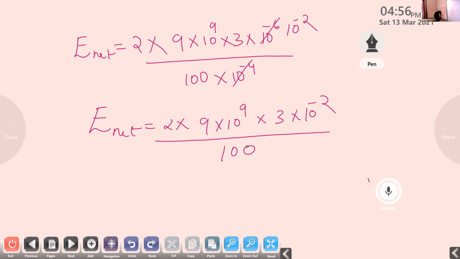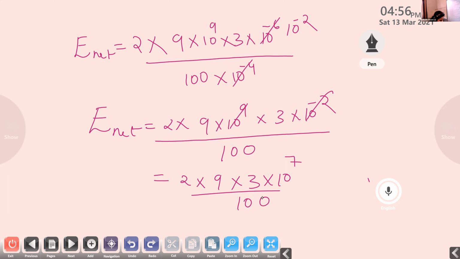Okay. Then 10 raised to 9 and 10 raised to minus 2 are again cancelled. So we get 2 into 9 into 3 into 10 raised to 7 divided by 100. What is 9 into 3?